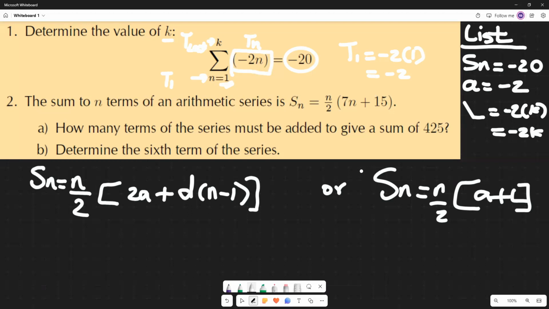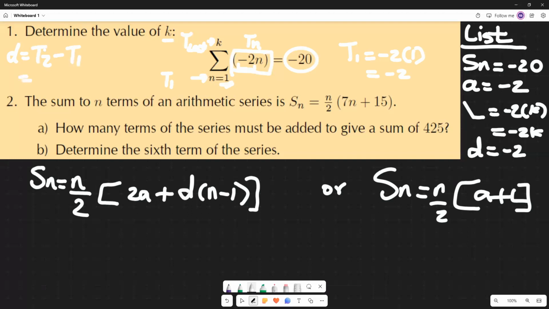All right. And then now I can see that the difference is negative 2. Remember, the difference is basically the coefficient of n on a linear pattern. Right. So the difference is there. Another way you can do the difference is this. You can say the difference is basically term 2 minus term 1.